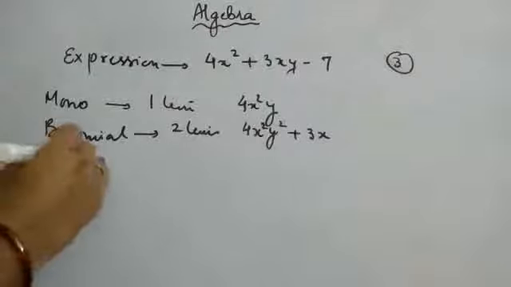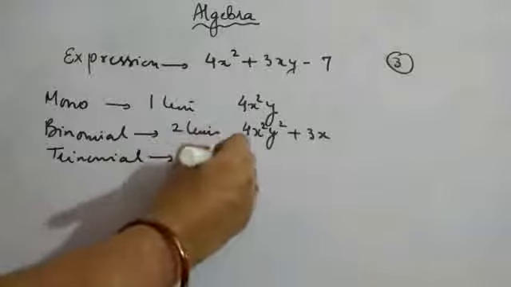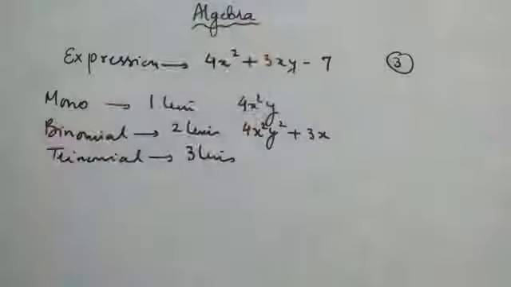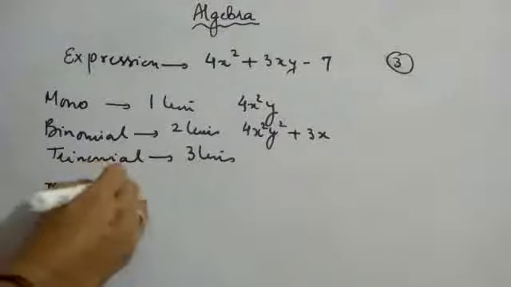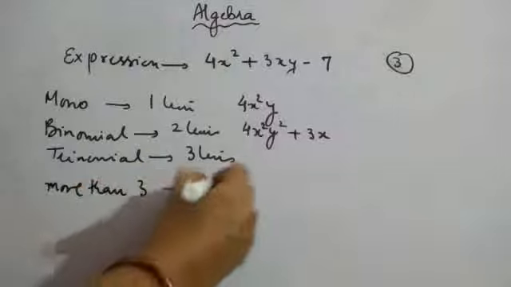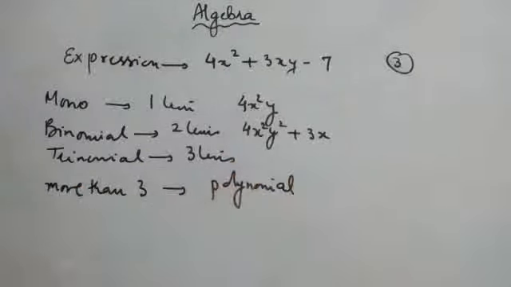What is a trinomial? Trinomial will have 3 terms, as you see here in this above example. This is a trinomial, and if there are more than 3 terms, it is called a polynomial.